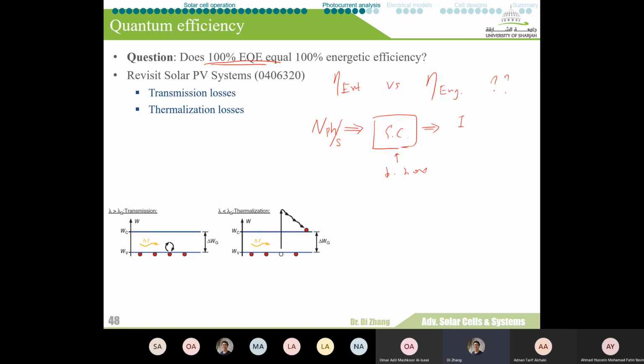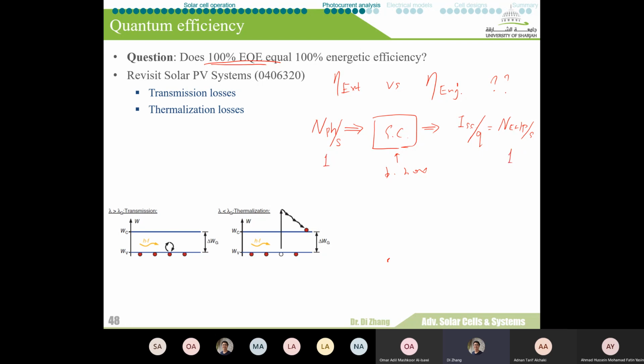For quantum efficiency, we typically refer to the maximum current, that is the short circuit current from the solar cell. What is the purpose of the current here? If we take the current, which is the charge per second, divided by q, essentially we have the number of charges per second. So from the physical point of view, if you have a perfect solar cell, then the ratio should always be 1 versus 1.